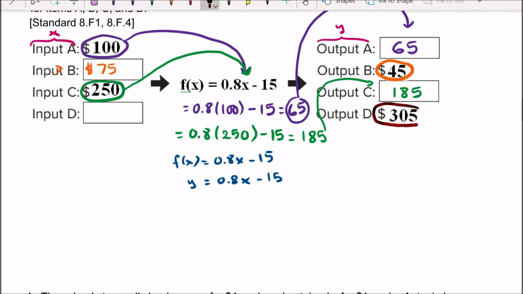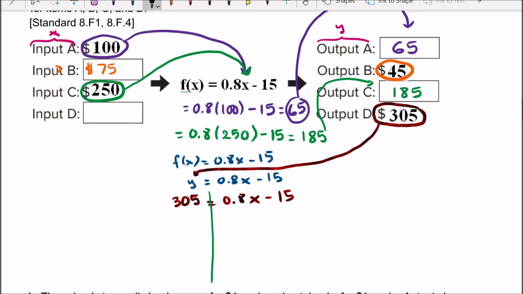The output is $305. We plug $305 into the y. 305 equal to 0.8x minus 15. The step is also the same. We're going to add 15 on both sides.